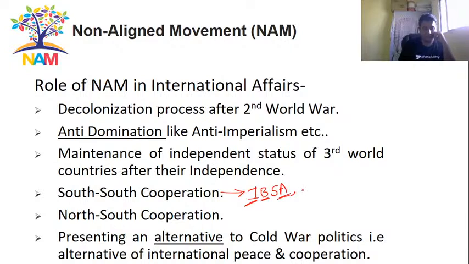Yes, Ashwin, BIMSTEC. Don't you think BIMSTEC is also an example of it? Yes, exactly. So you should know these things.